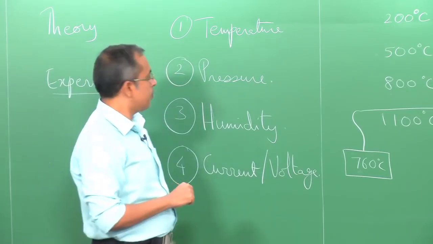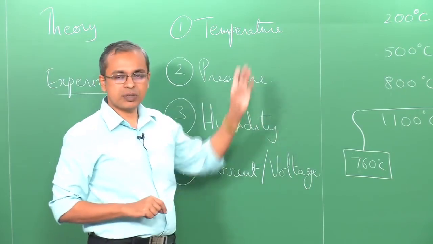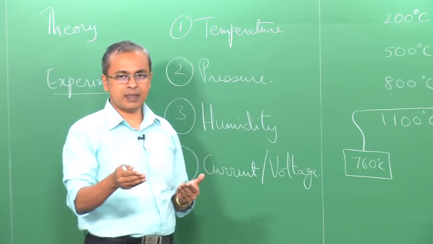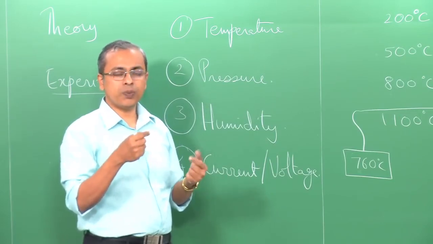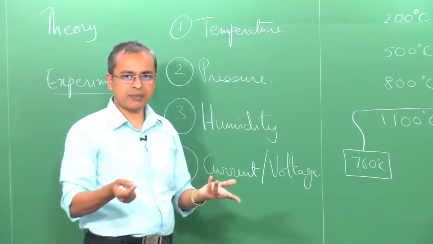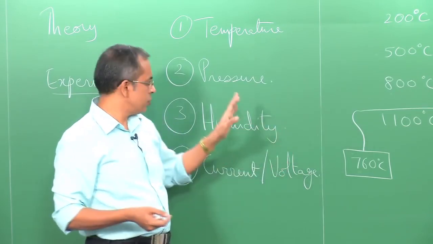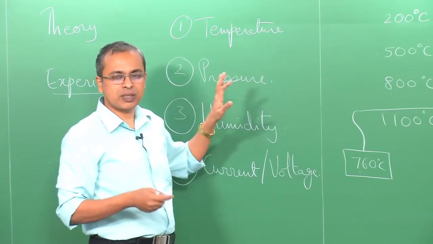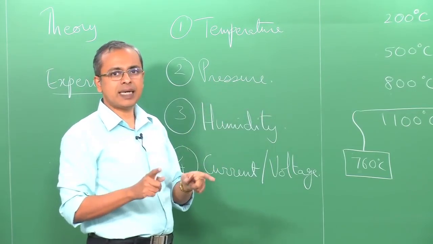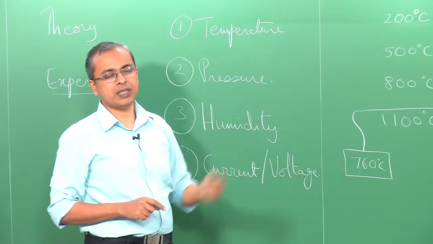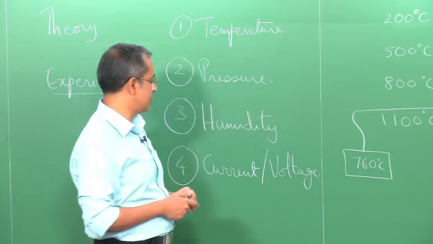And in both cases, temperature and pressure, you should also make sure that the sensor doing the measurement is not polluted, not clogged, not covered by something else, so that it gets an error in the measurement. So, you should always check against some standard so that your sensor is correct, and then make sure the position of the sensor is appropriate for the experiment that you are doing. So, those are two things.